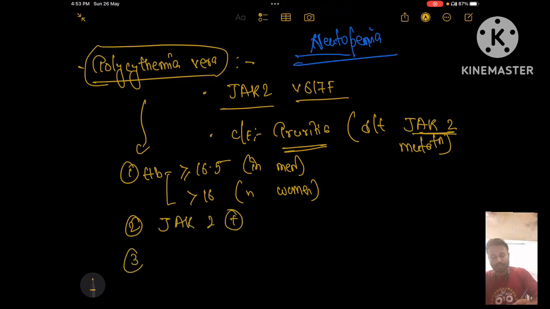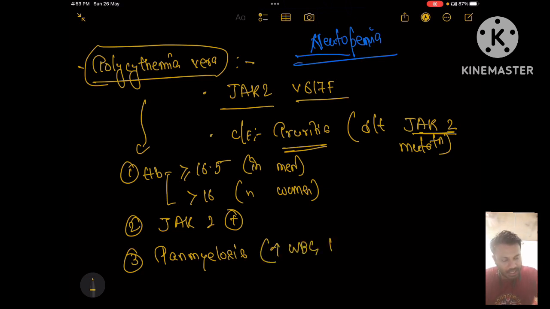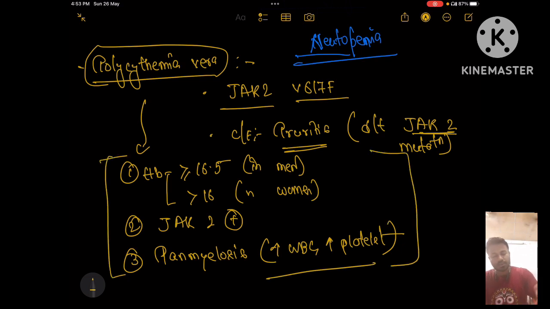Third, panmyelosis. What is panmyelosis? Panmyelosis means increased WBC and increased platelets. So hemoglobin greater than 16.5 in men, JAK2 mutation, panmyelosis.